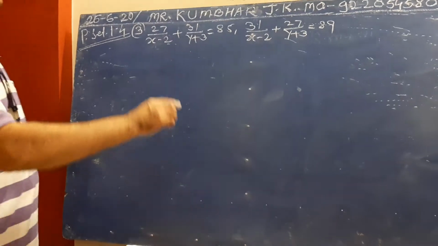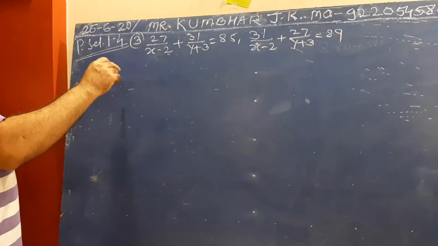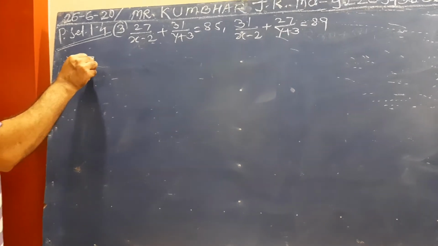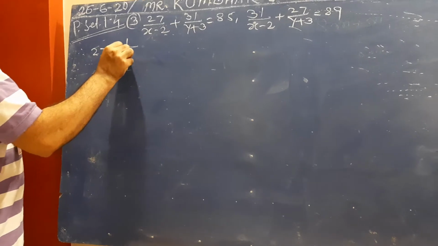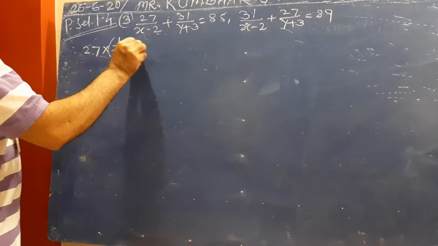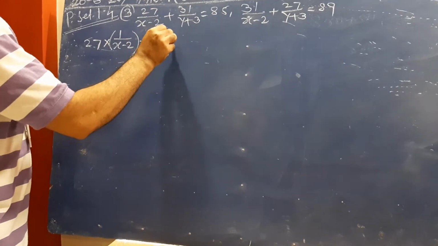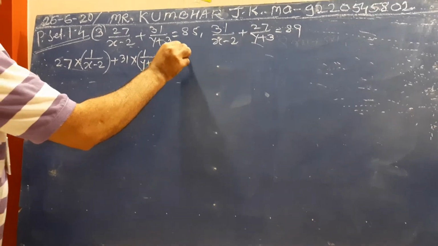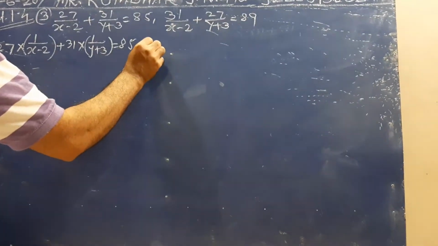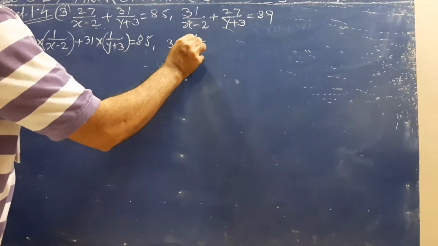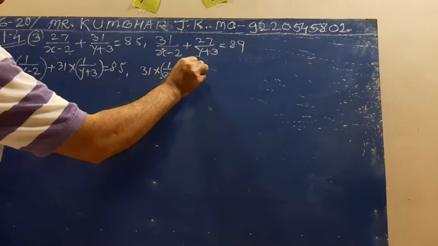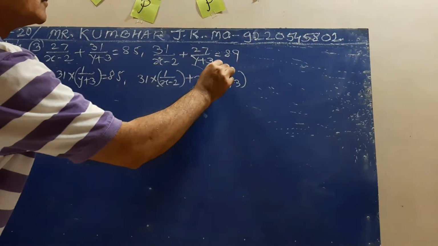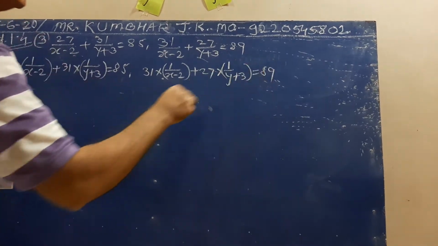Now, first we have to convert in linear equation in two variables. Therefore, we can write this equation in the form of 27 into 1 upon x minus 2 plus 31 into 1 upon y plus 3 is equal to 85. And for this one, 31 into 1 upon x minus 2 plus 27 into 1 upon y plus 3 is equal to 89.